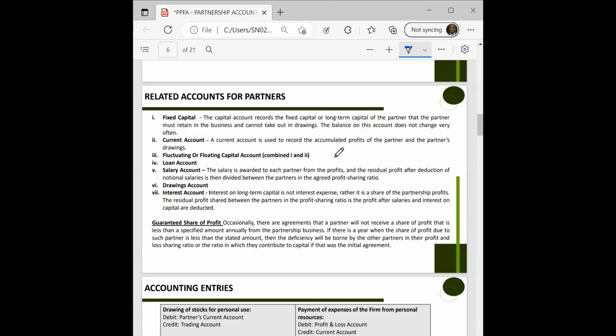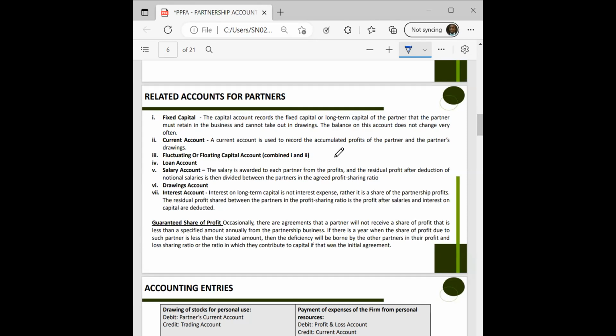Then there's something we call the fluctuating or floating capital account. This is a capital account that not just has the fixed capital account, it also has an element of the current account. So a floating capital account will have the characteristics of both the fixed capital and the current account.